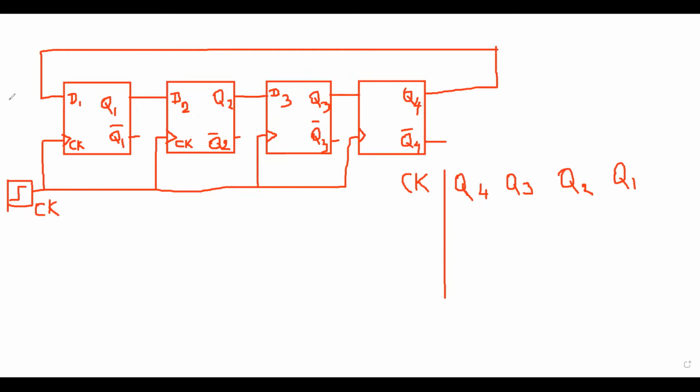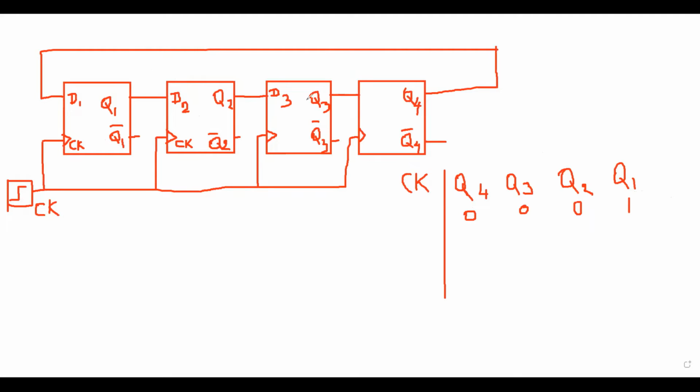We use the D flip-flop for data transmission only. So now I'll consider the initial data of this register as 0001. So 0, 0, 0, 1.